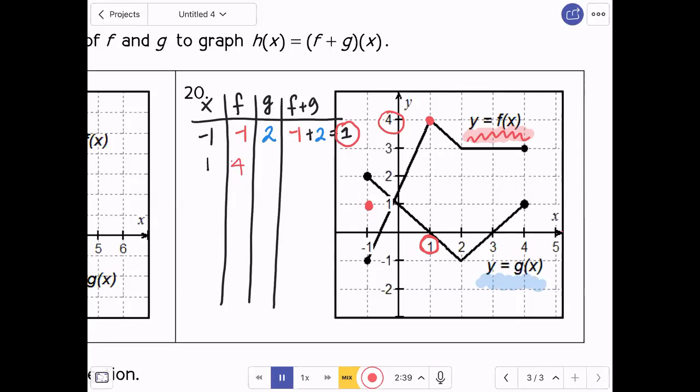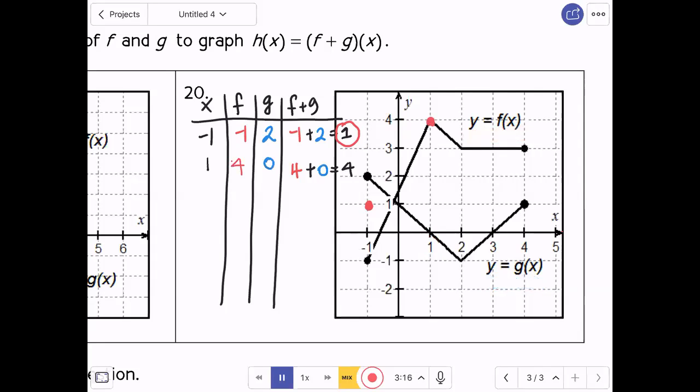At 1, your g function is here. This line is your g function, and your y value is 0. So 4 plus 0 is 4. So at 1, your new point will be at 4.